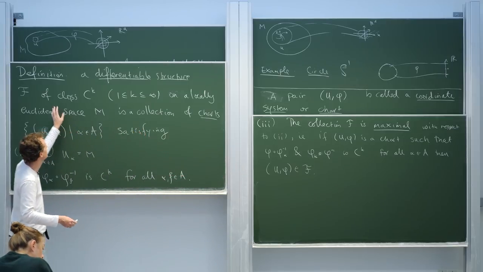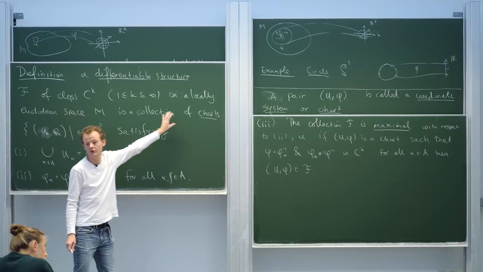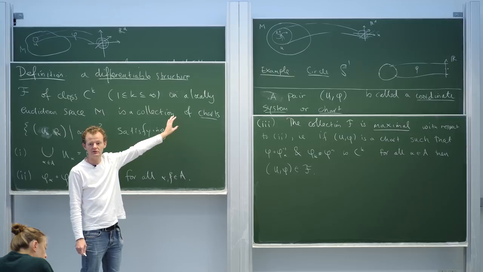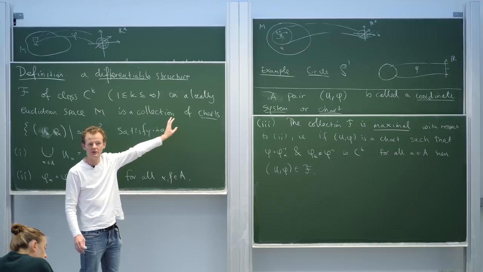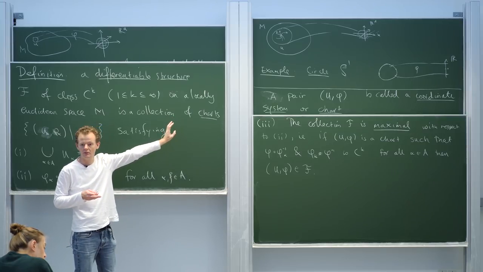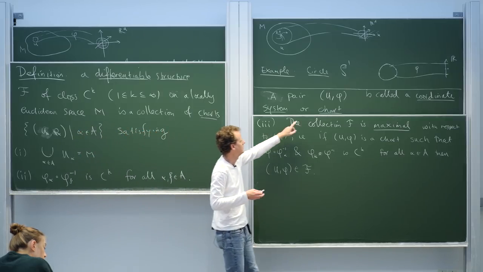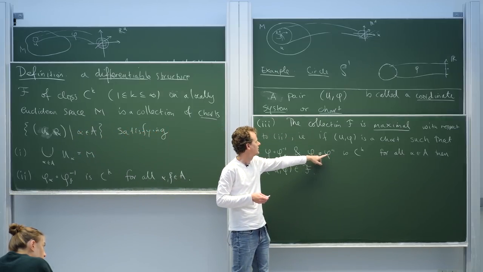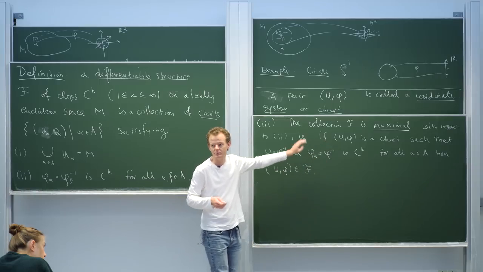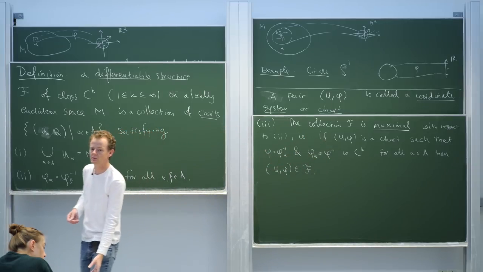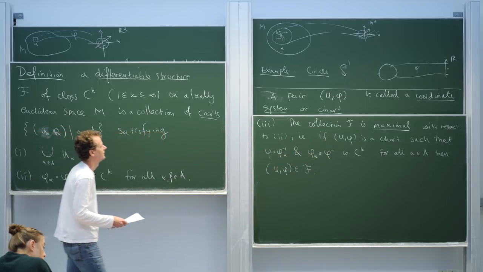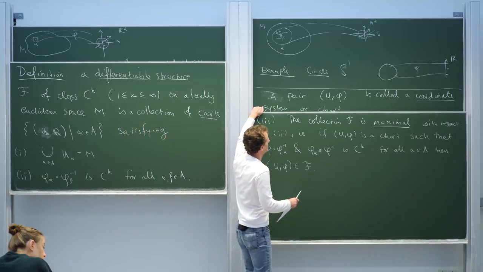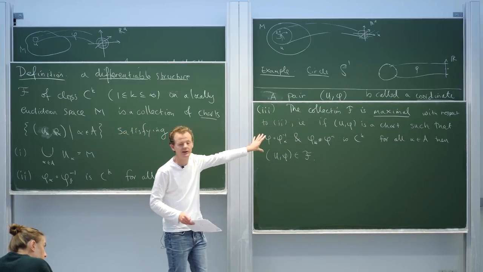So remember, a differentiable structure is a bunch of charts, and it's a bunch of charts that's so big that you can't add in an additional chart, because it already contains all charts that are compatible to the level of k derivatives. Now we're going to instantly forget this third condition.